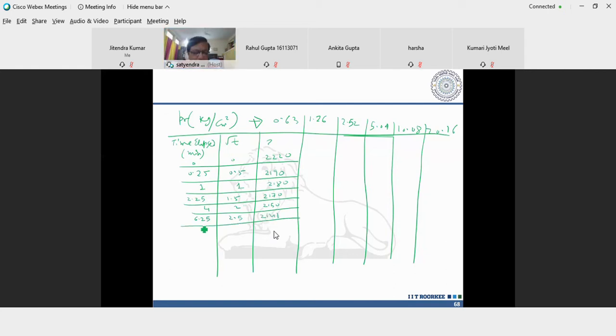Then 9 minutes, 2130. Then 12.25 minutes, and so on. I am just saving the time. Then next day you come, 24 hours, meaning 1440 minutes, 2122. Say this is the reading of the specimen's deformation in 24 hours.